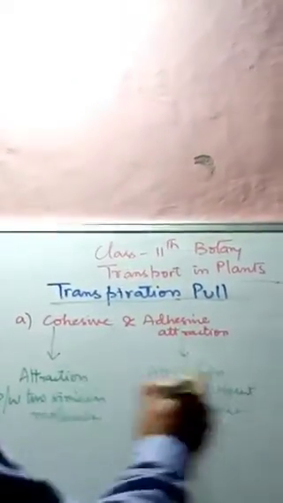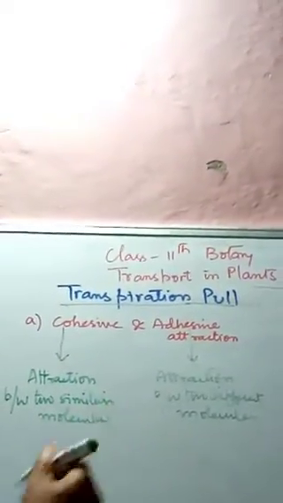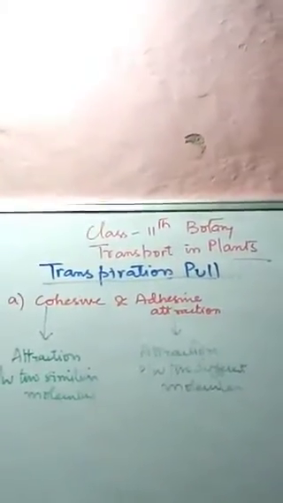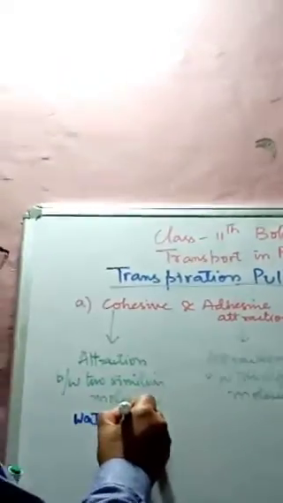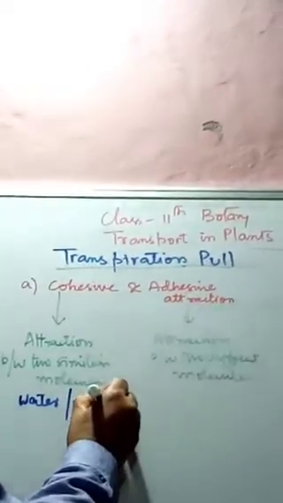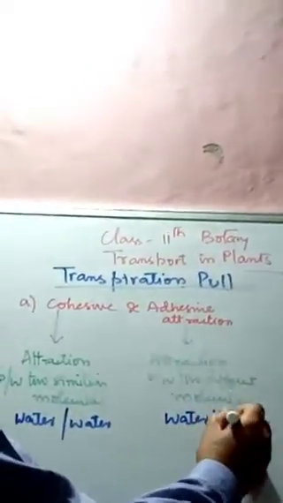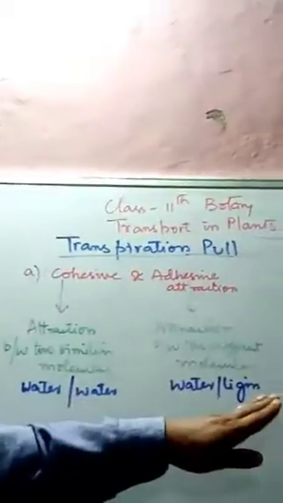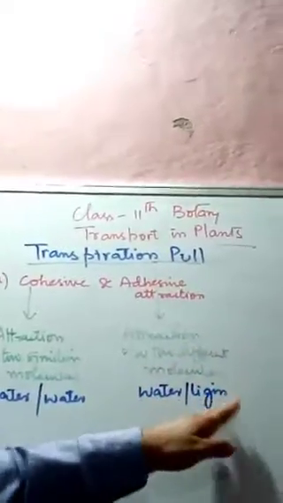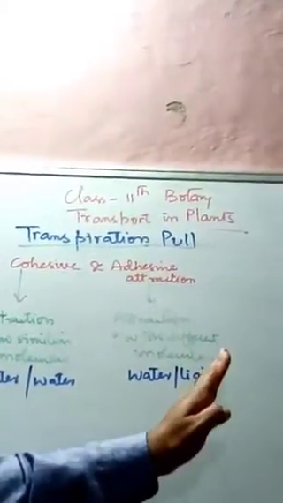Now what are the two similar molecules? These are water and water molecules, and here water and lignin. In the walls of xylem vessels, there is a deposition of lignin, and this lignin has a great affinity. It attracts water towards itself. So there is the attraction with this.